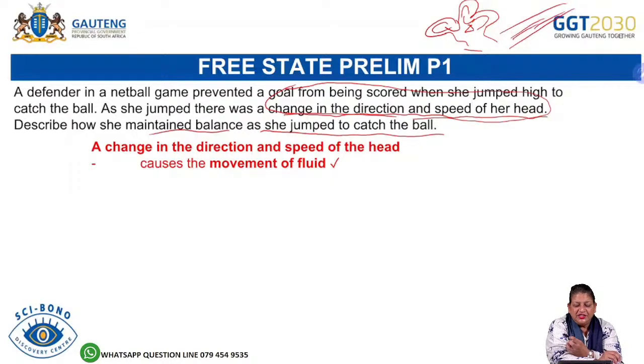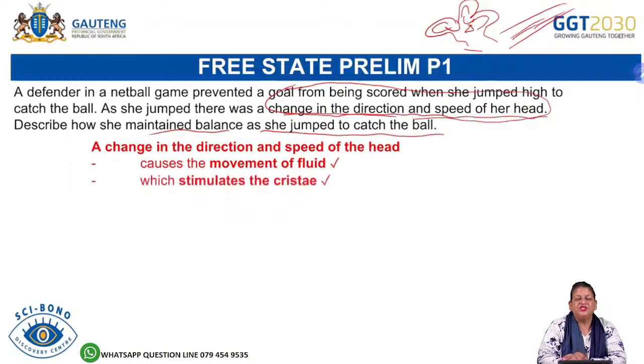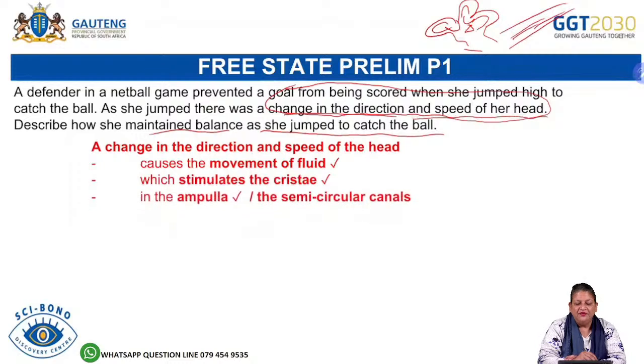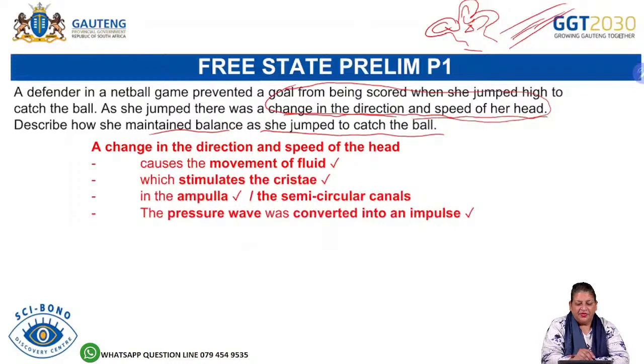So now you want to know, describe it. How did she maintain the balance? You've got to say, a change in the speed and direction of the head will cause the movement of the fluid, which stimulates the cristae. The cristae is what? A receptor. In the ampulla, or you can say in the semicircular canal, the pressure wave was converted into a nerve impulse.